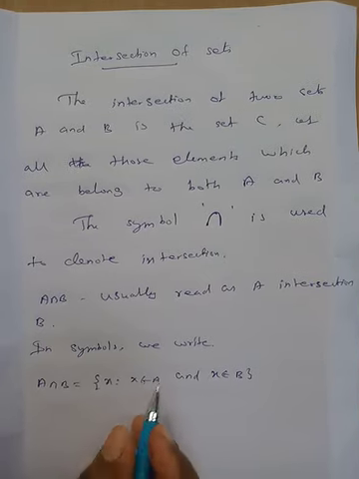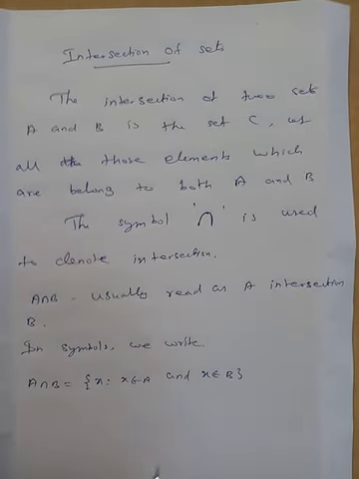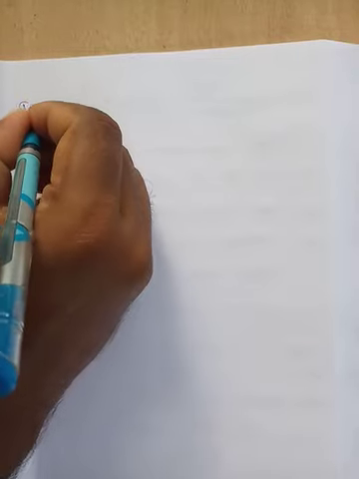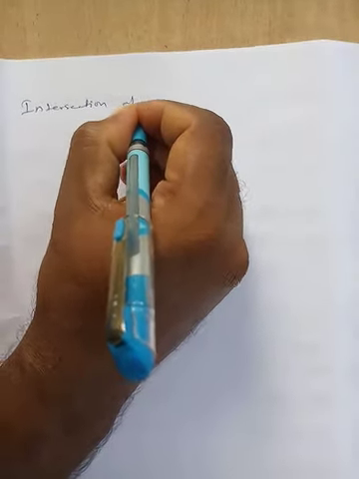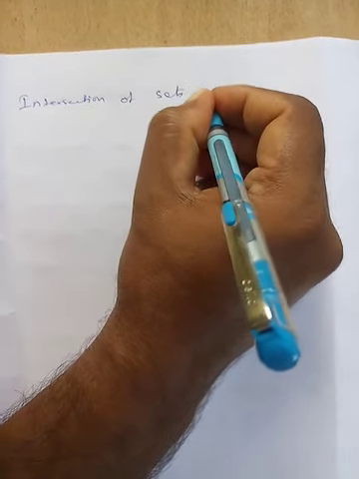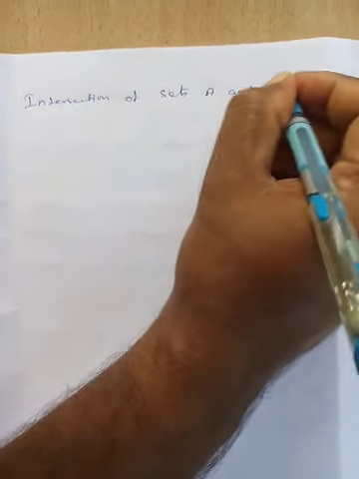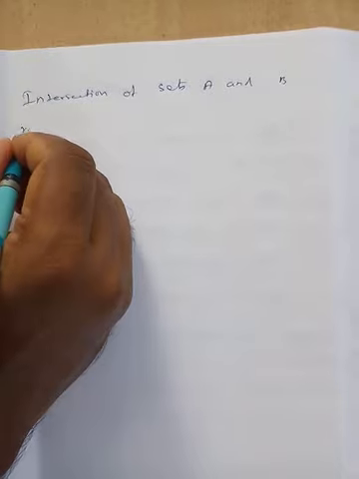This x contains both A and B. Next one, intersection of sets A and B represented by Venn diagram.